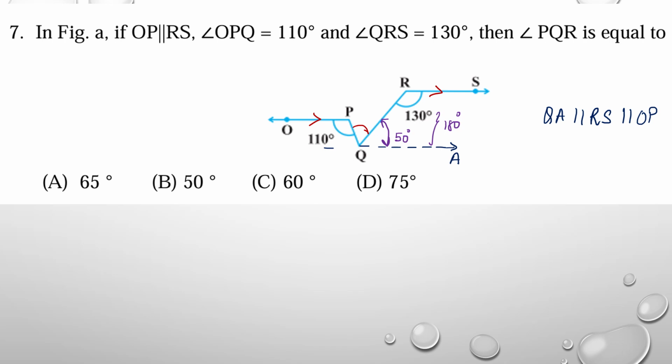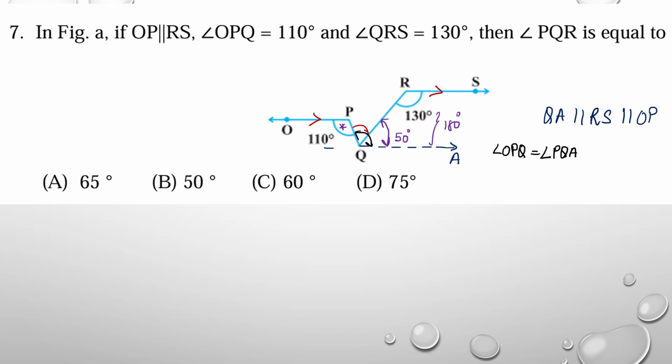Now if you check PO parallel to QA, which means this angle P, which is 110 degree, and the other angle ये पूरा, this whole angle, both are equal. Reason, alternate angle. So we can say angle OPQ is equal to angle PQA.